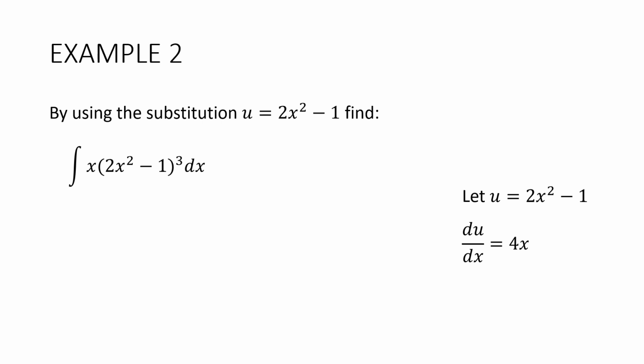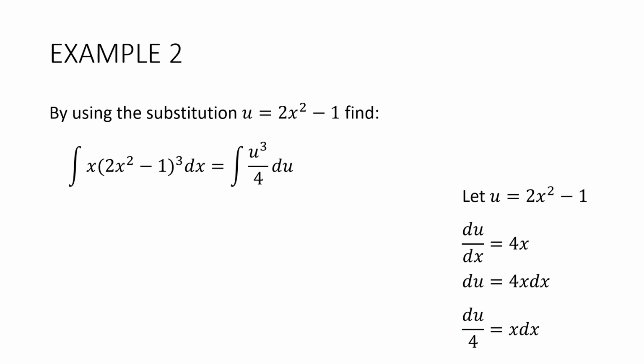Splitting that derivative, du is equal to 4x dx, which doesn't quite match because I don't have a 4 here. So let's just take that 4 over this side of the equation. So du over 4 is equal to x dx. We're ready to substitute. This is going to become u cubed, and x dx will be a quarter of du.